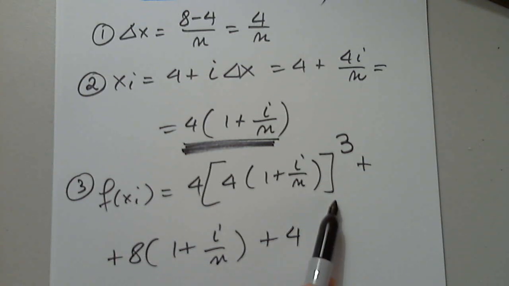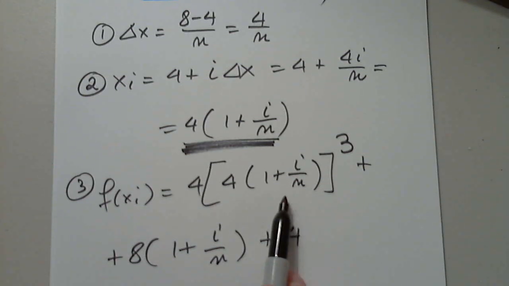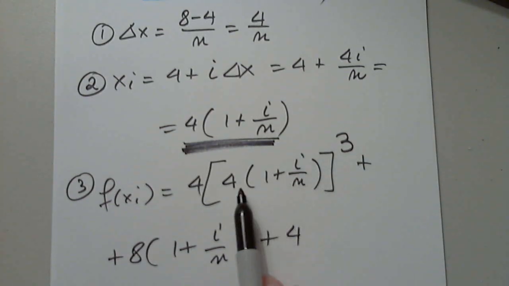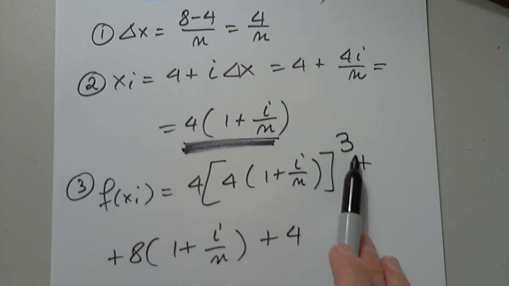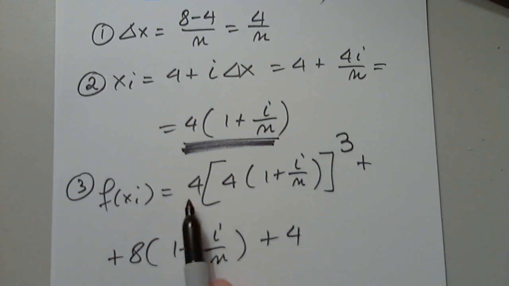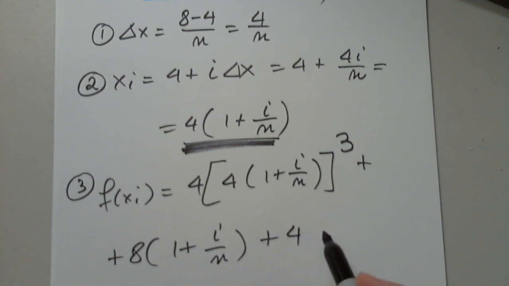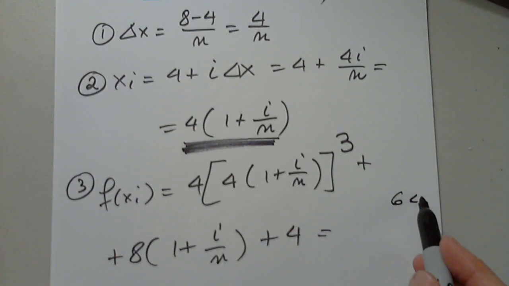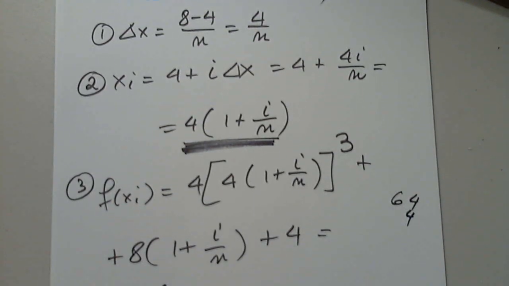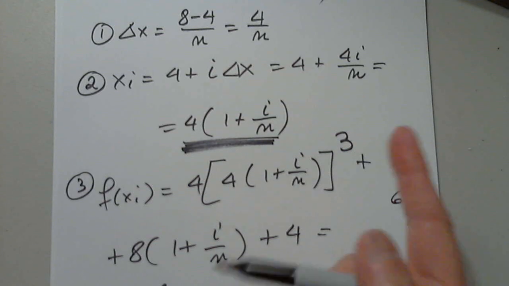But this will take a while to raise this to the third power. 4 to the third is okay. It's 64. 64 times 4 is okay. How much is 64 times 4? 256. But I have to take 1 plus i over n to the third power.